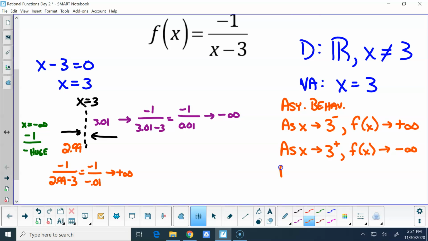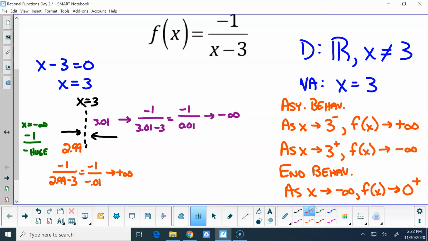So then my end behavior would be as x approaches negative infinity, my function is going to approach 0 from above because a negative divided by a negative is positive.